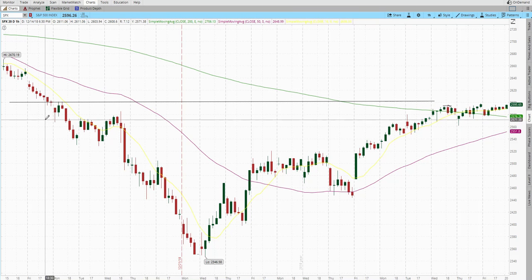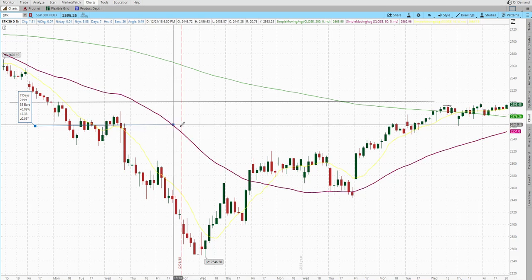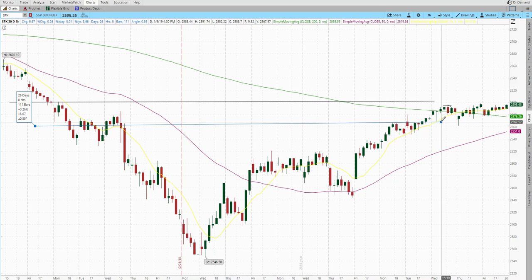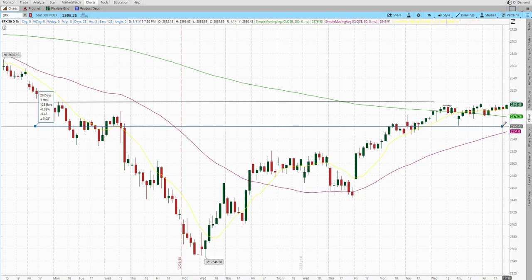So at around this area here, at around 2560, which you can see was a prior level of support, turned into resistance.